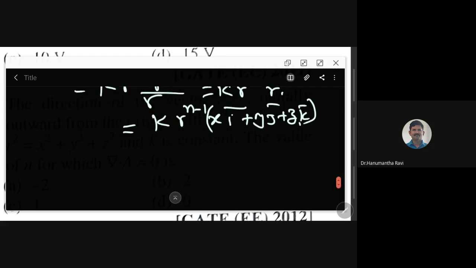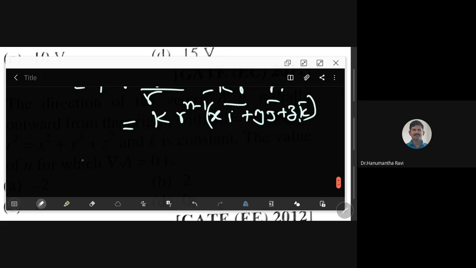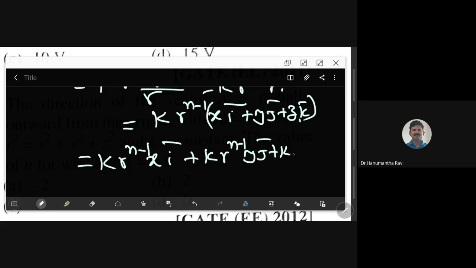So this is equal to k r power n minus 1 into x i bar plus k r power n minus 1 into y j bar plus k r power n minus 1 into z k bar.